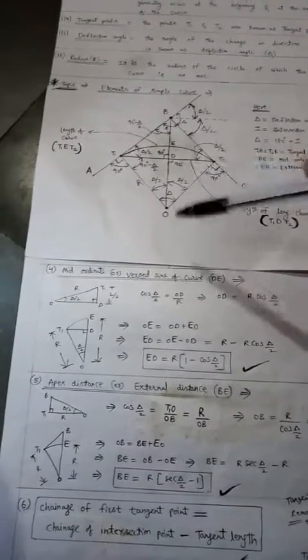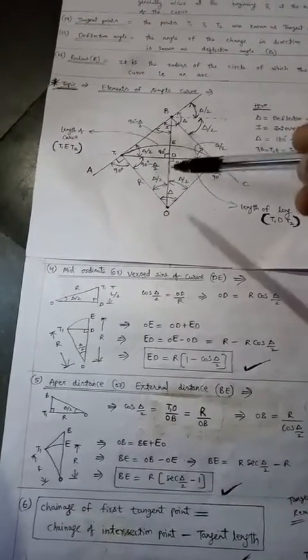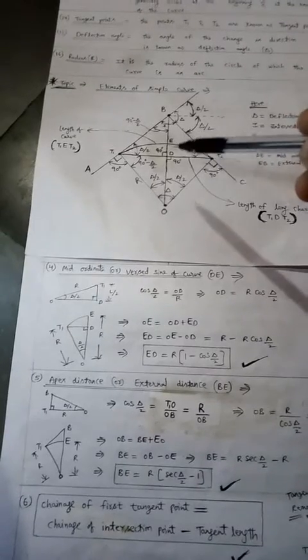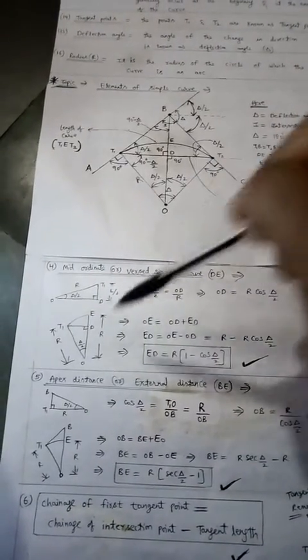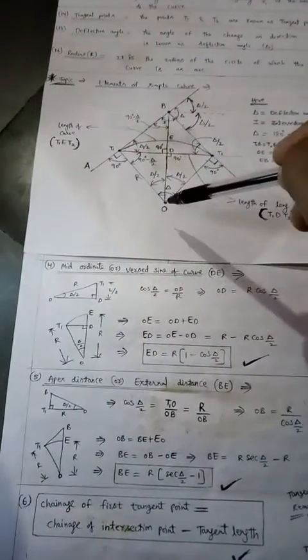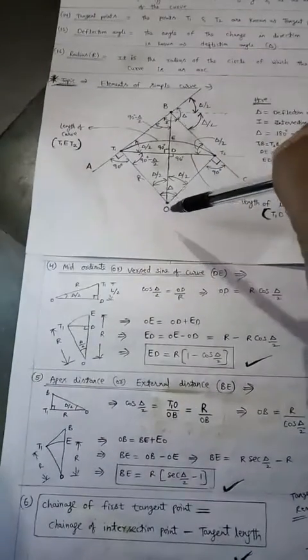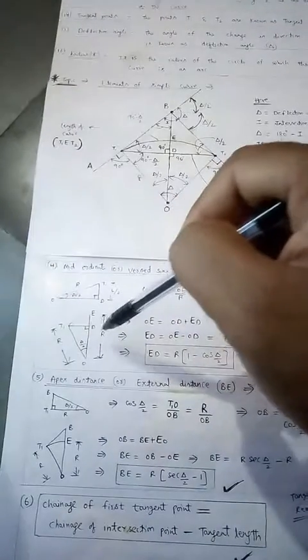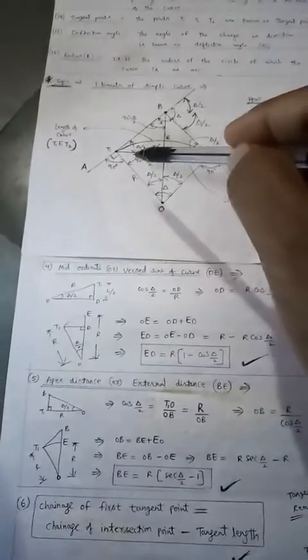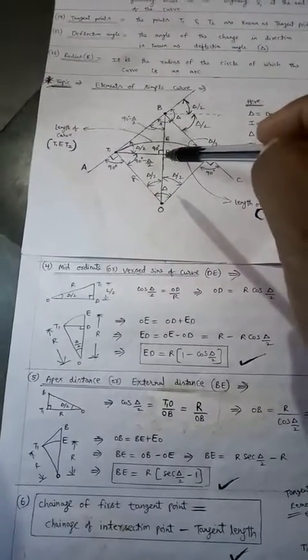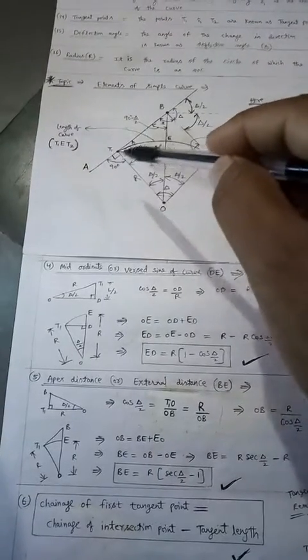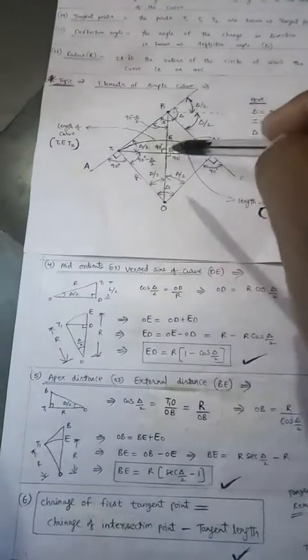Finally we need the DE part, the mid-ordinate. T1D is half of the length of long chord, and T1E is half of the length of curve.